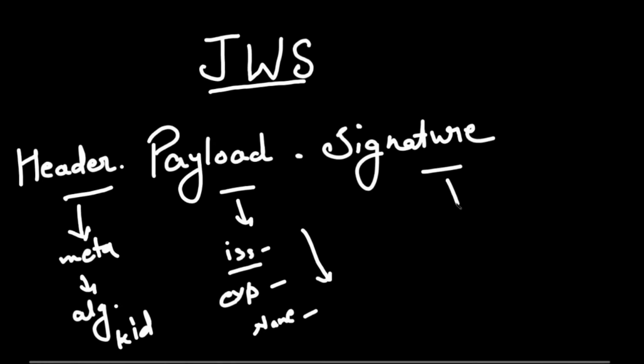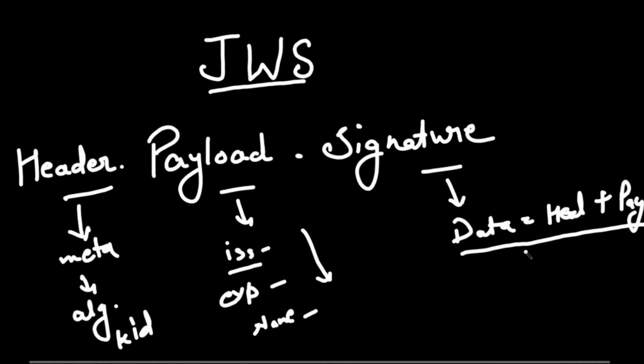Now coming to the signature, which is the most important thing here, which ensures the integrity of your whole JWS. To ensure the integrity, it basically calculates the hash of your data. Data here means the header and the payload. So when you consider the data as this, after that you have to hash this data. For hashing this data, you have an algorithm. You can choose from many of the algorithms that are specified as part of the JWT specification.